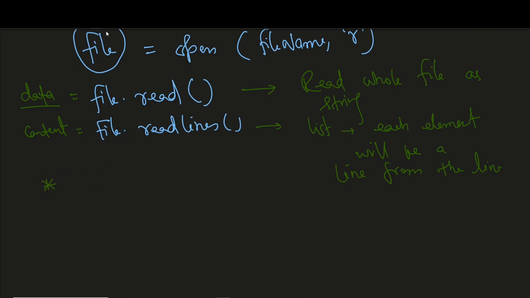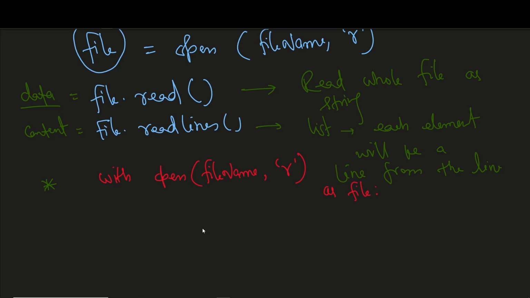And how do we use that? You have to write something like this: with open, then the file name and read mode, and after that you write as file. So you have the file handler. It's a single line. There's a lack of space here, so I am writing it here.